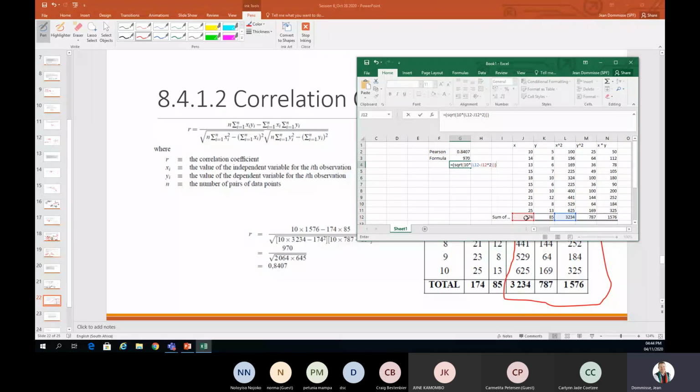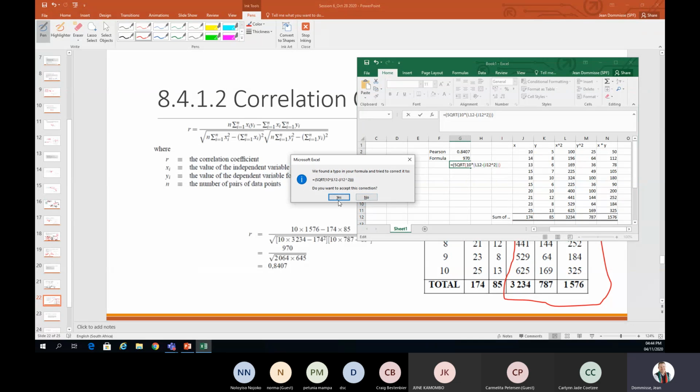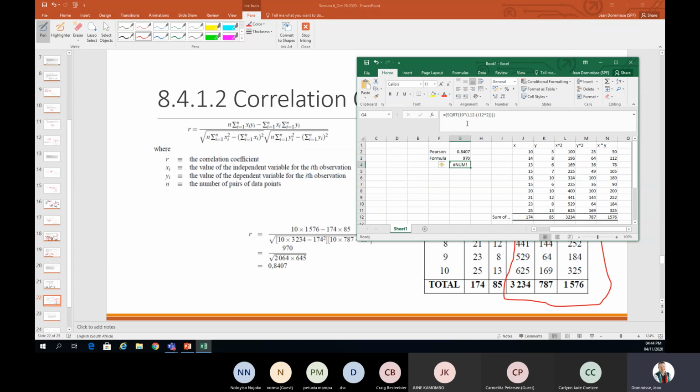And then we multiply that by the second part. So let's just see what went wrong here. Okay, so I need to add another.